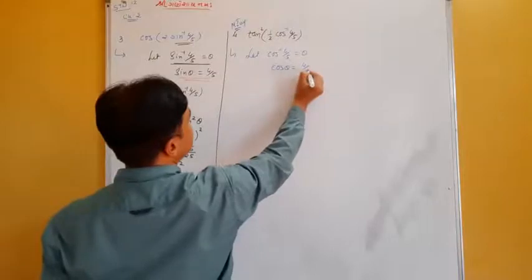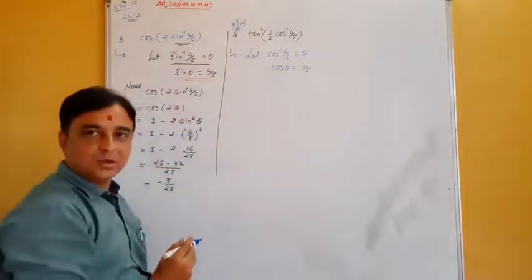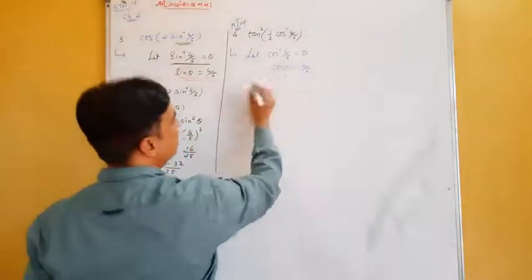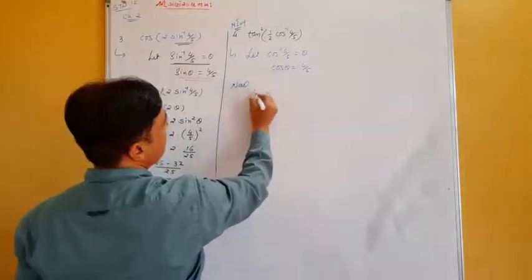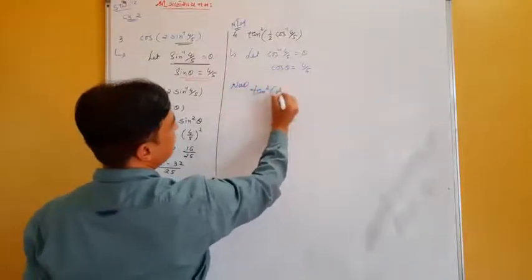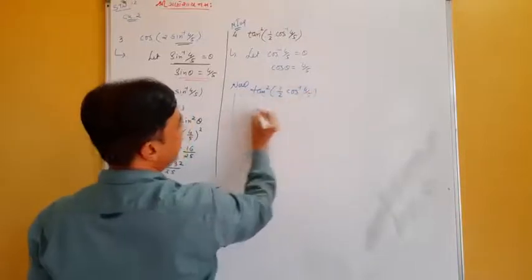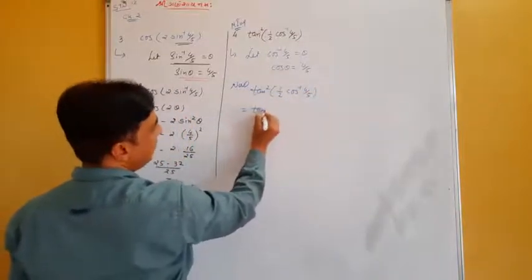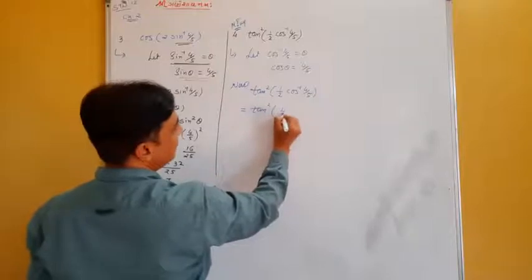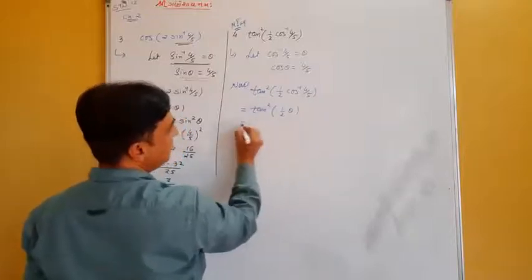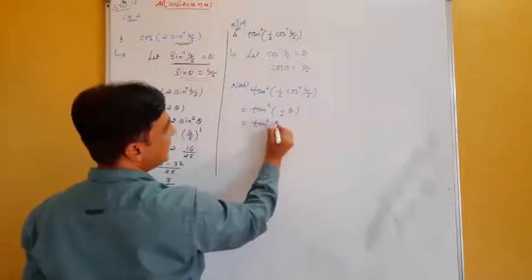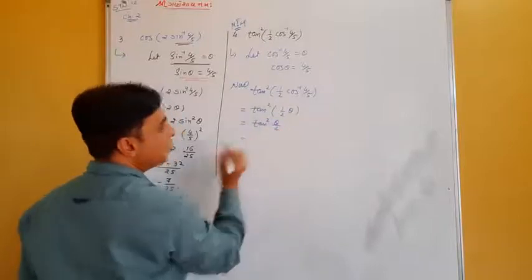Cos theta is 4 by 5. Now go to our original question. 1 by 2 cos inverse 4 by 5. Now tan of 1 by 2 and that is theta. That means tan of theta by 2.